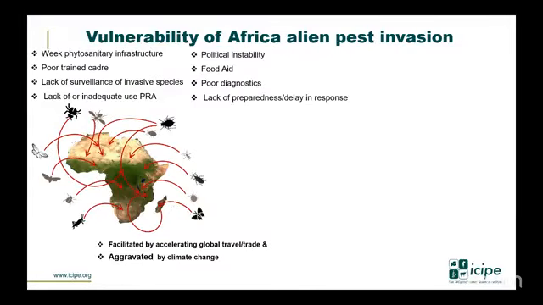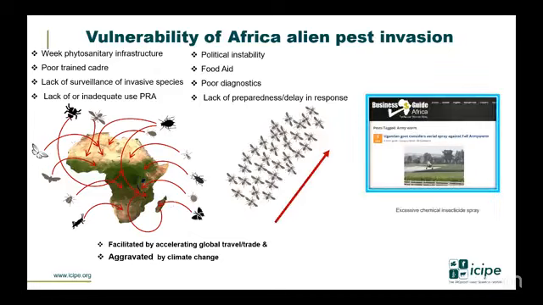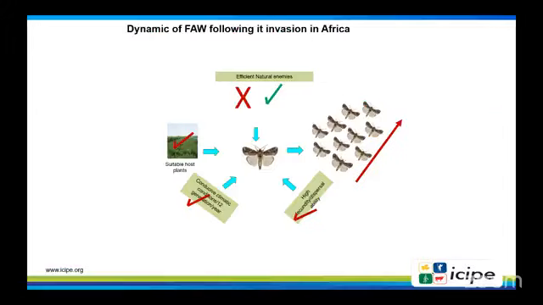I think all of us know how, unlike many other continents, the African continent is very vulnerable to invasion, and this is due to so many factors. And of course, our first response will always be excessive use of insecticides, and it was also the case for the fall armyworm. So when the fall armyworm came, it found the environment very suitable.